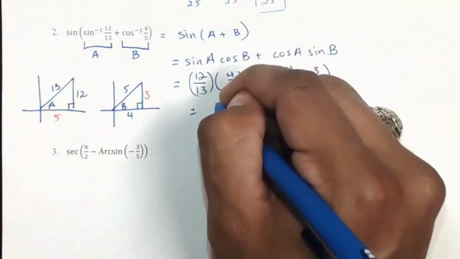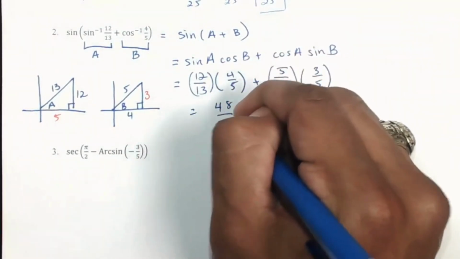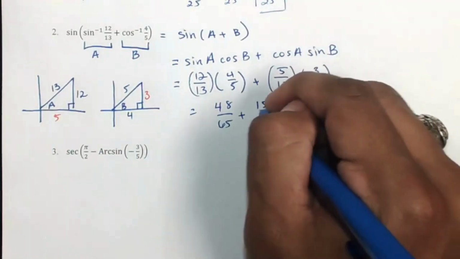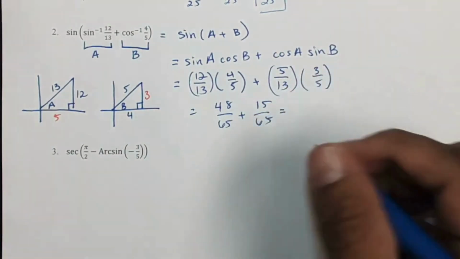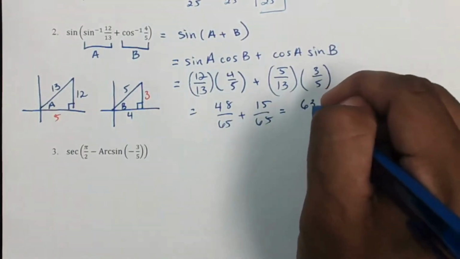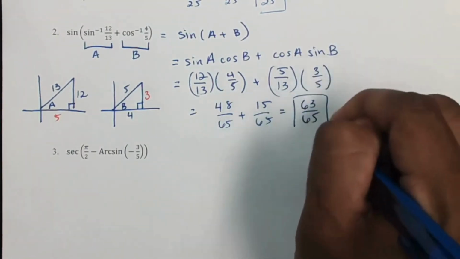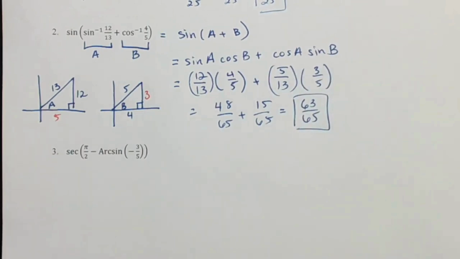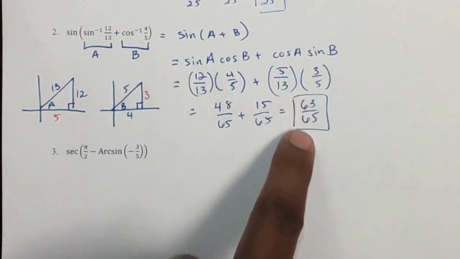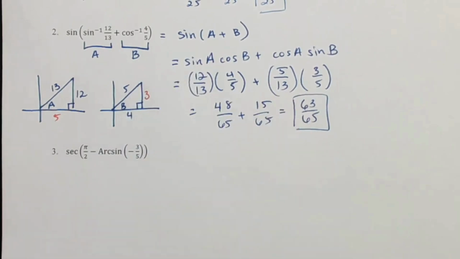So we multiply, get 48 over 65. We multiply those, get 15 over 65. No need to reduce because they're the same denominator. And you end up getting 63 over 65. Done. Again, make sure that you're making sense of this. Sine should never be bigger than 1, so make sure that that's always less than 1.